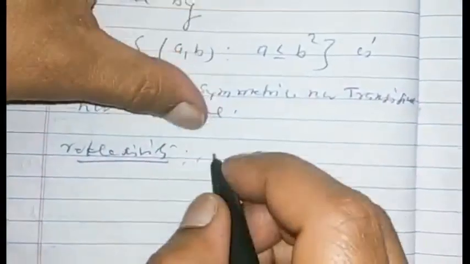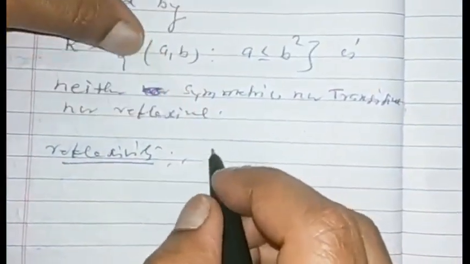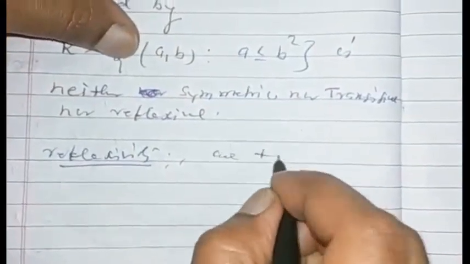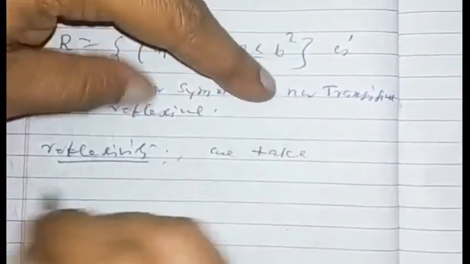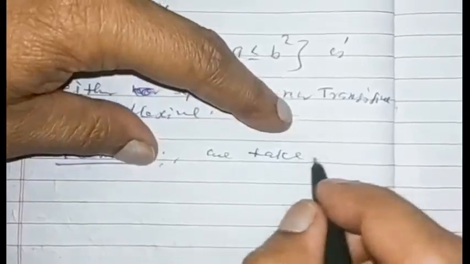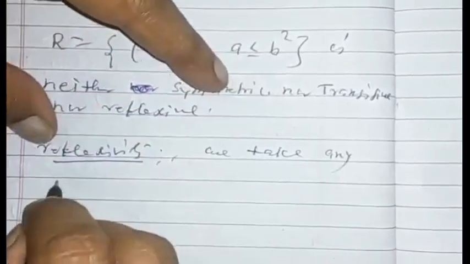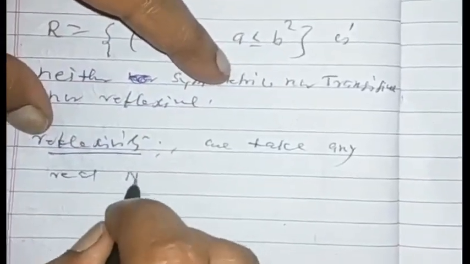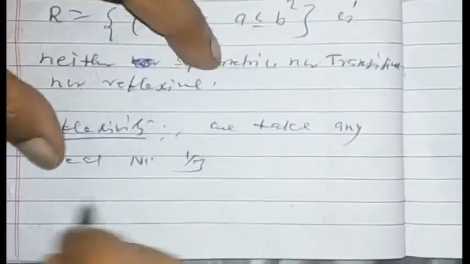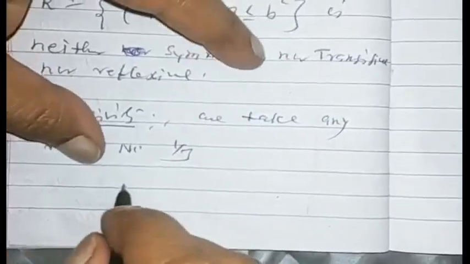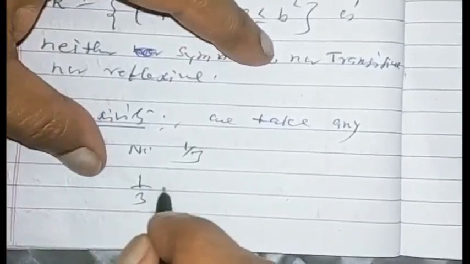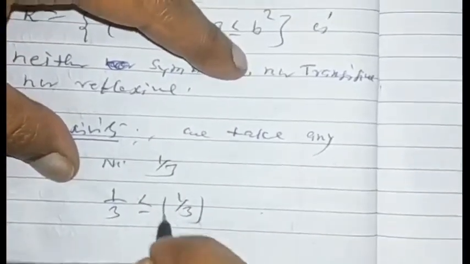In this case, we take any real number like 1/3. So what is the condition of reflexivity? 1/3 ≤ (1/3)².